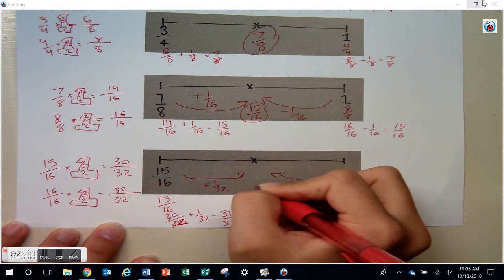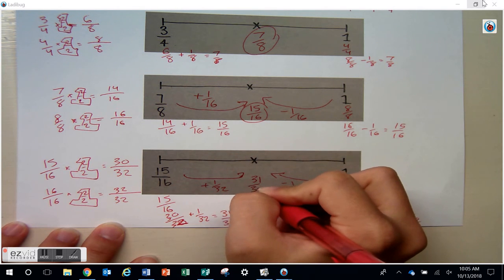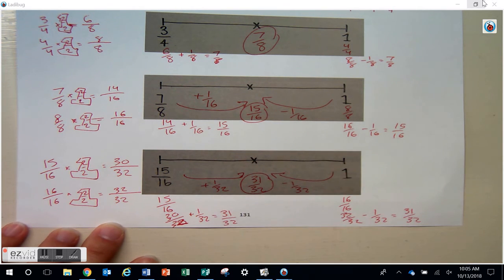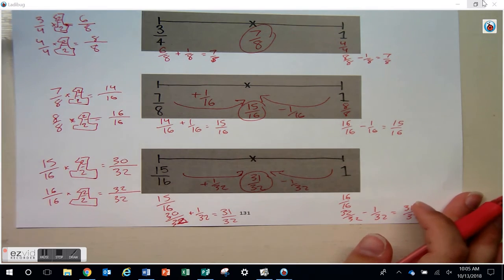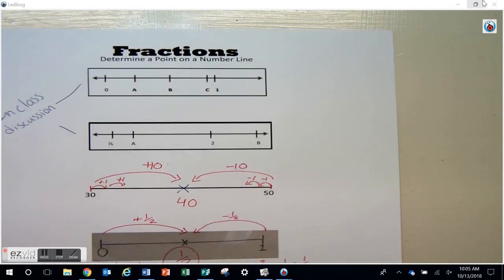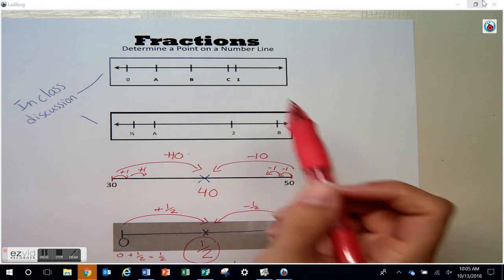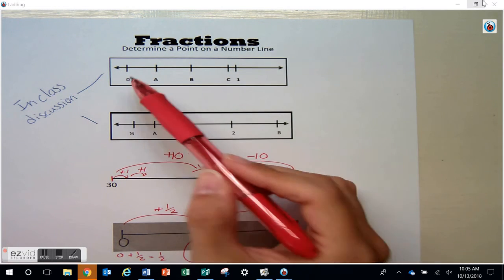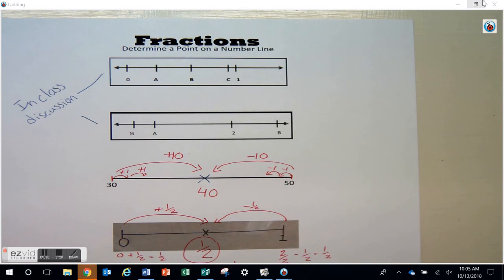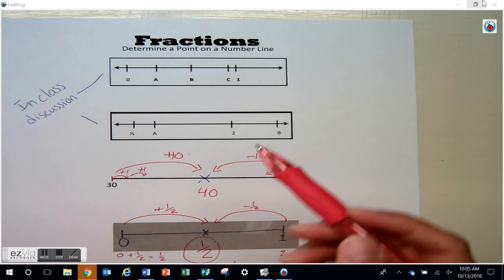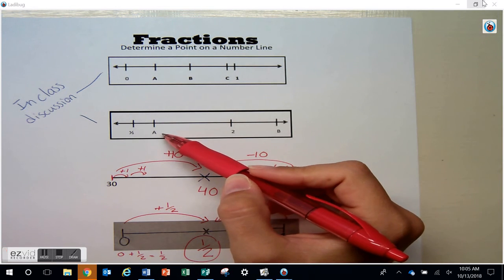31/32. So using this idea of finding midpoints and things like that, I wonder how we would do. I'm trying to figure out the value of these points here. What do you think the value of these points would be? Well, it's pretty difficult. Here we have A, 1/2, 2, and B. Ooh.